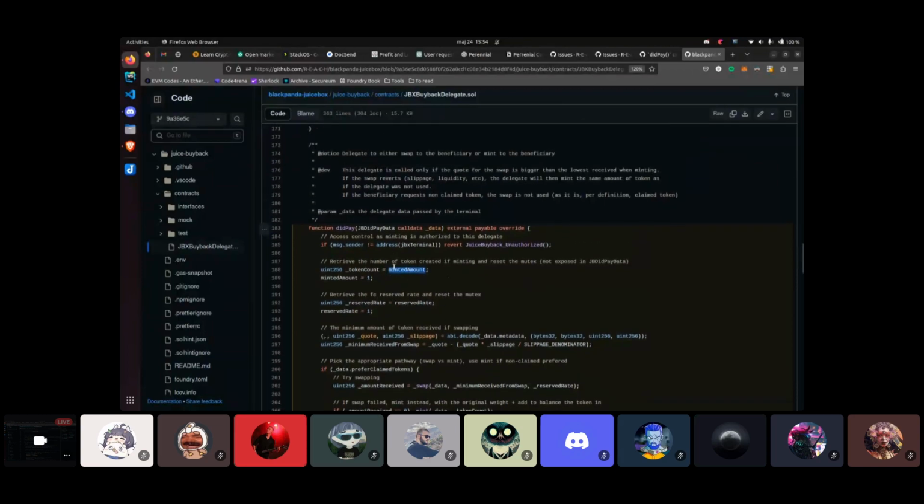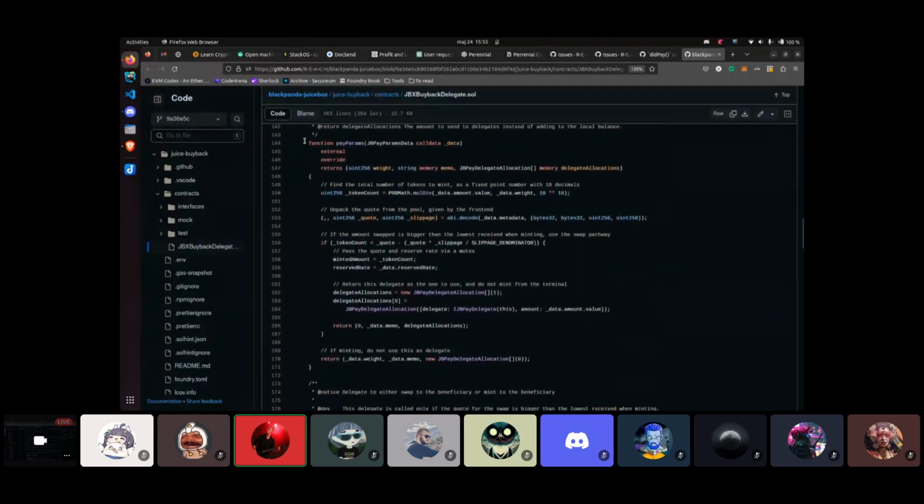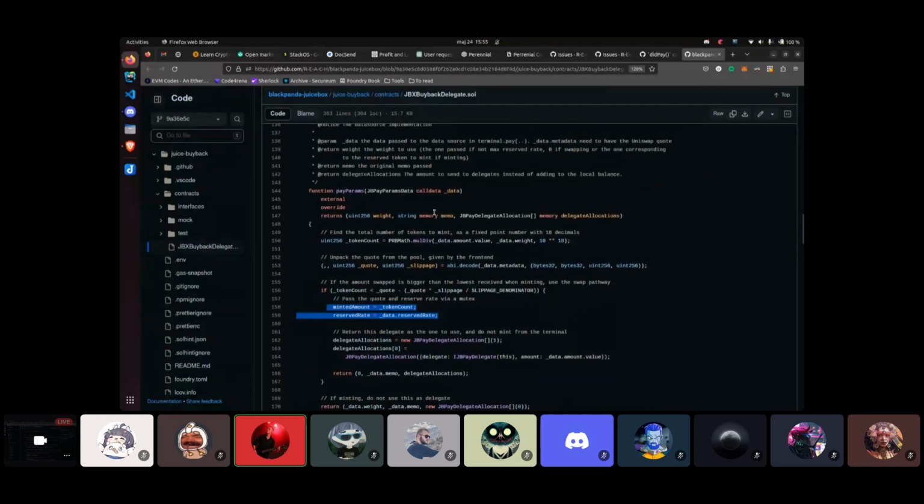Yeah. But it also requires you to be the terminal. Did you manage to bypass that? Yes, this function definitely. However, those two parameters are set here in this function, and you have no checking here of who calls it.